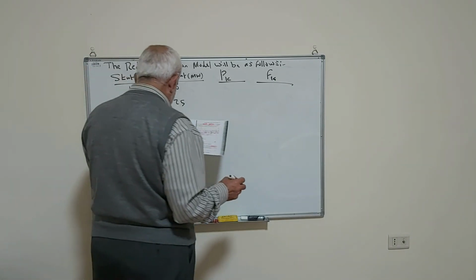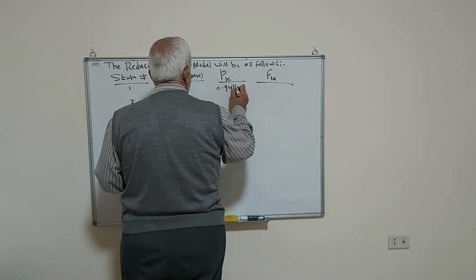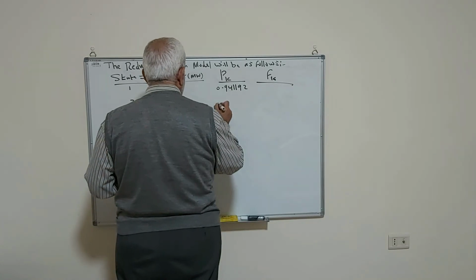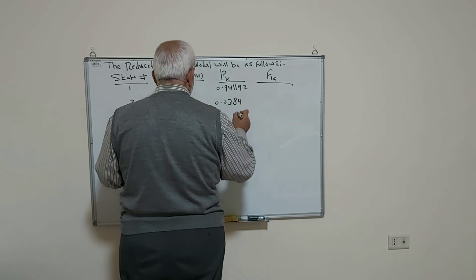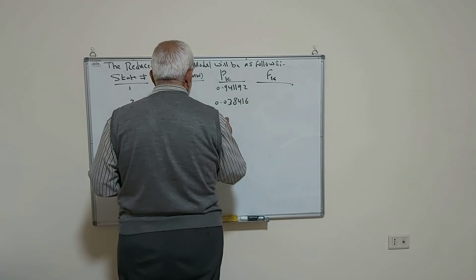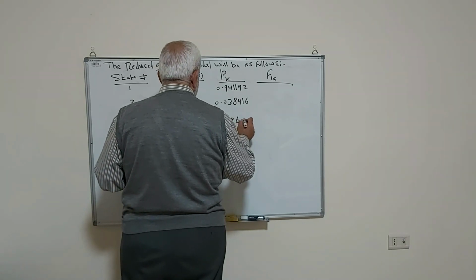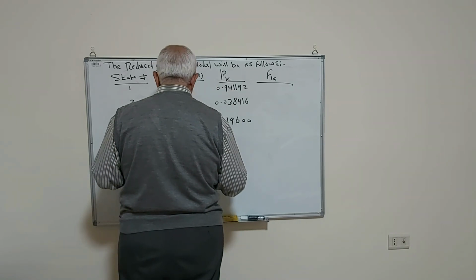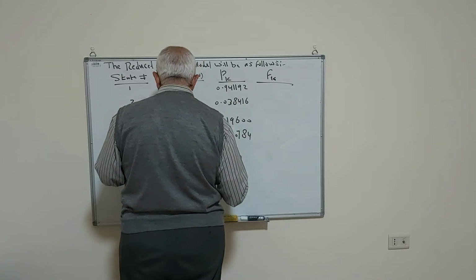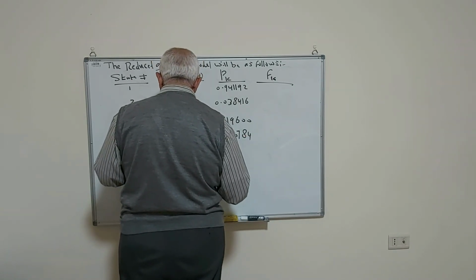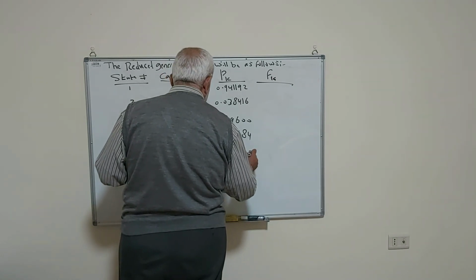Here we have 0.941192, 0.038416, 0.01960, 0.000784, and 0.0000248.